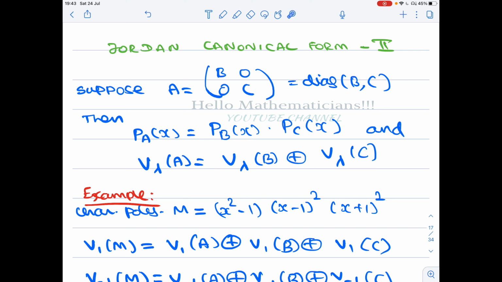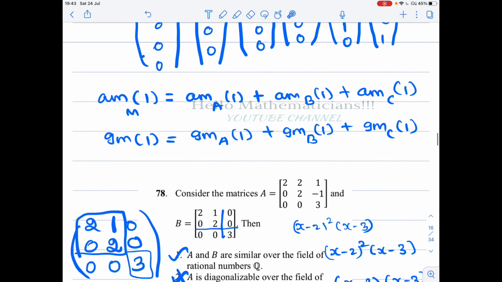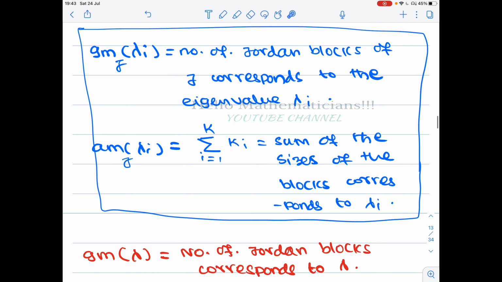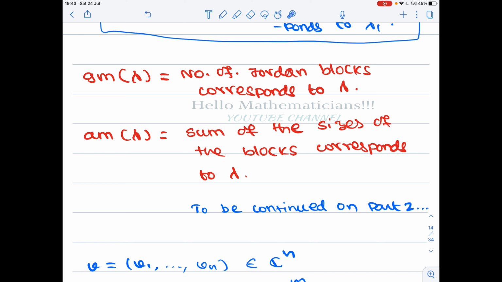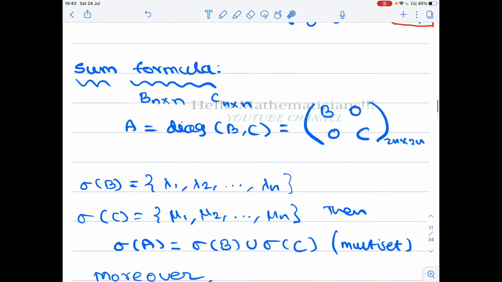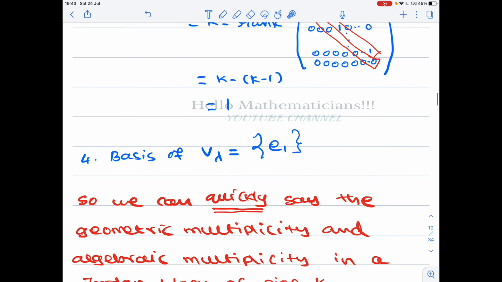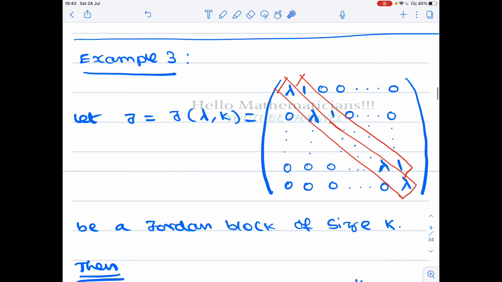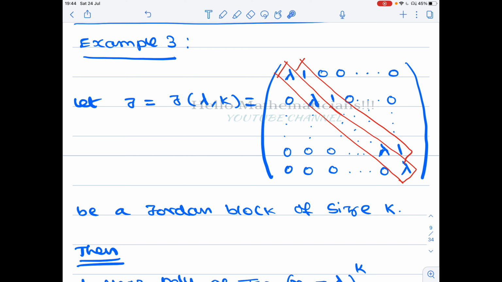Okay, let's begin. So in the yesterday video, the part one video, we understood about Jordan blocks and the Jordan matrices. So what is a Jordan block? It is a matrix and all its diagonal entries are the same.